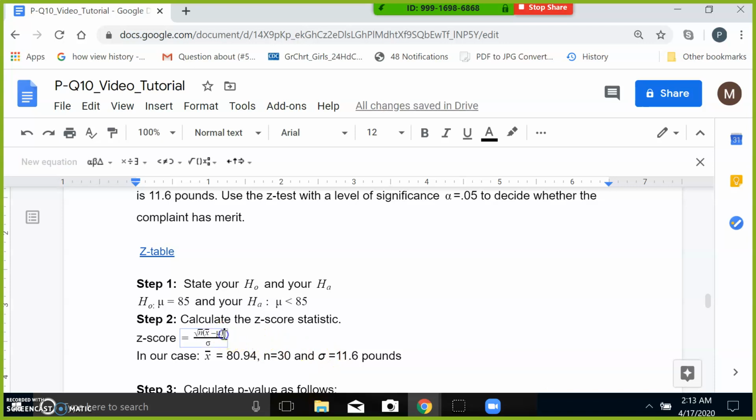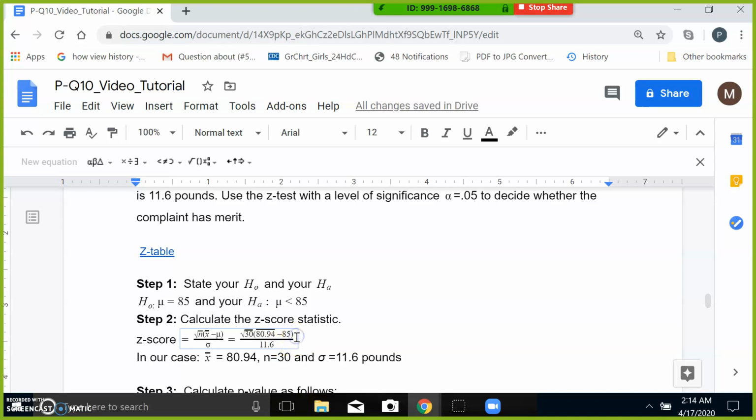Okay, so filling these things in. The n is 30. The x bar is 80.94. The mu, or mean, was 85 from the null right here. And our sigma is 11.6.